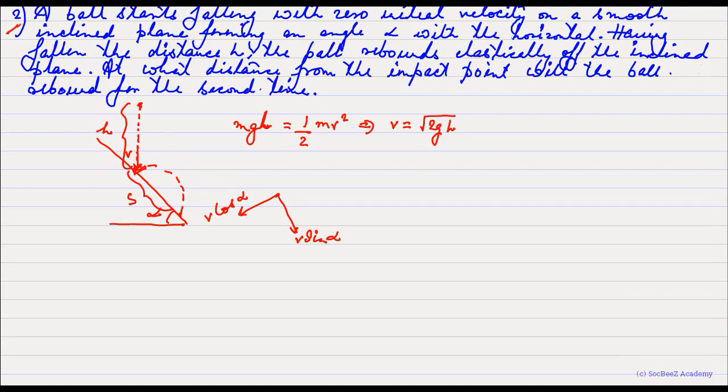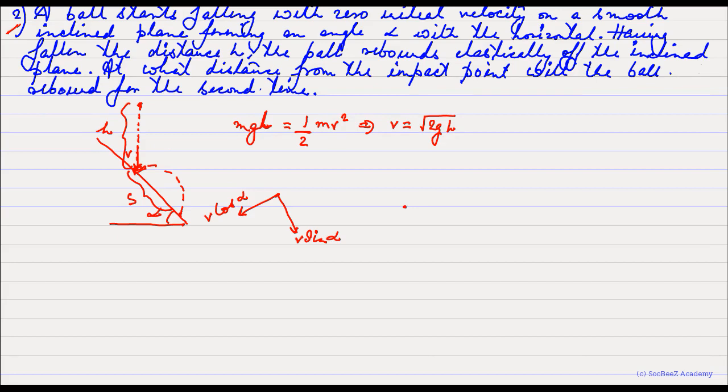Now by elastic collision, what we can say is that the velocity perpendicular to the inclined plane is just going to reverse after the collision. The velocity parallel to the inclined plane is not going to reverse after the collision; it is going to remain the same. So after the collision, the state of the velocity would be something like this.